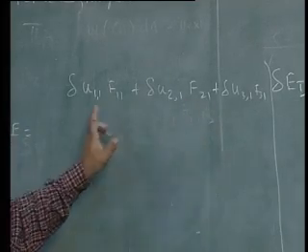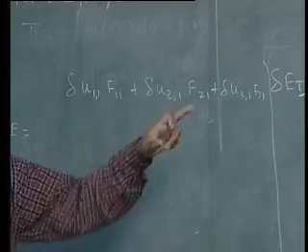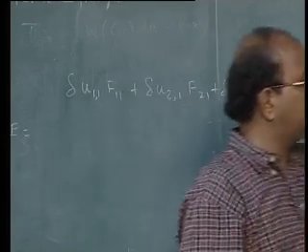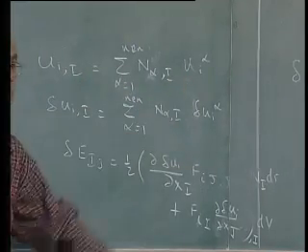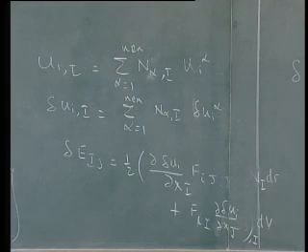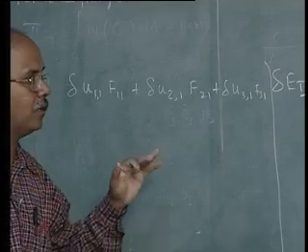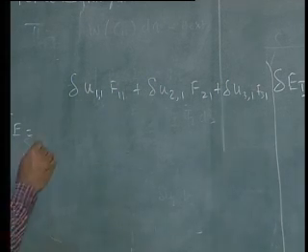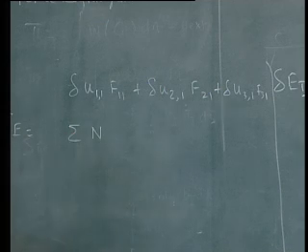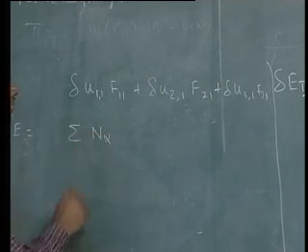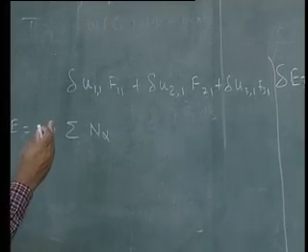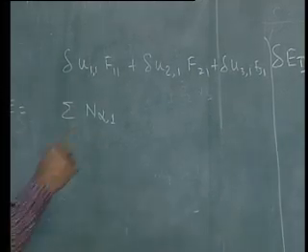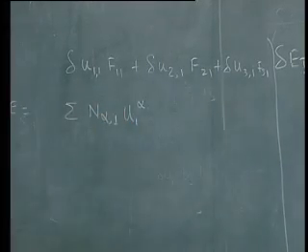So I'm going to substitute now δu_1,1 from my discretized quantity. Remember, u_i,j in terms of N_alpha and so on. So what will happen to that? This will be sigma N_alpha,1, then the second term will be u_1 alpha.